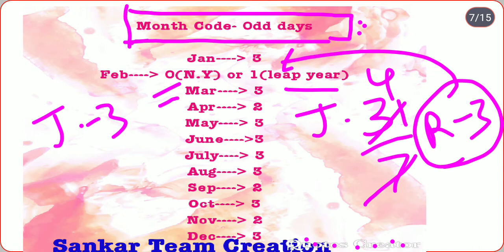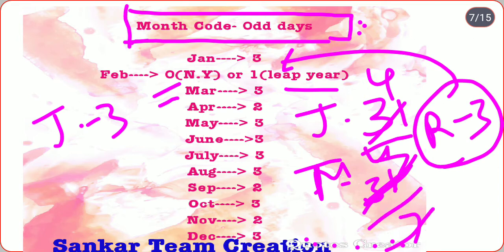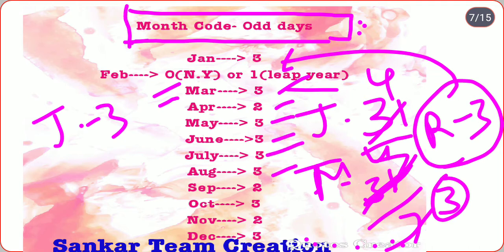Same, March month. March 31 days divided by 7. 7 4s are 28, remaining 3. So 3 is the odd days of the month. So March 3, April 2, May 3, June 3, July 3, August 3. Are you understanding?